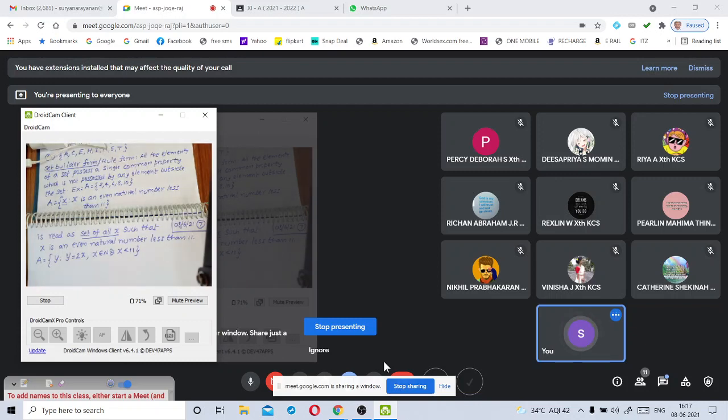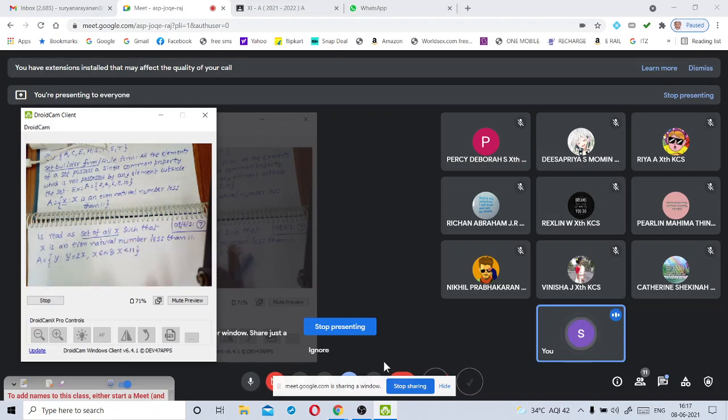Will you remember this point? Yes, sir. Okay. Have you understood how to represent a set in the set builder form?